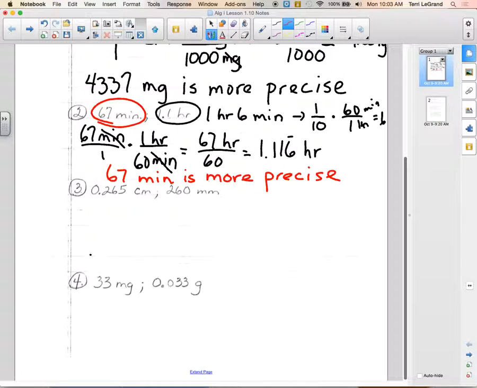No. How about 1 hour and 2 minutes? No. How about 1 hour and 3 minutes? Well, wait a minute, that's halfway. Wouldn't that one round up to the tenth? 4 minutes? 5 minutes? Yeah. 6 minutes? Yeah. 7 minutes? Yeah. 8 minutes? Yeah. As soon as we get to 9, what happens? Now it goes to 1.2.